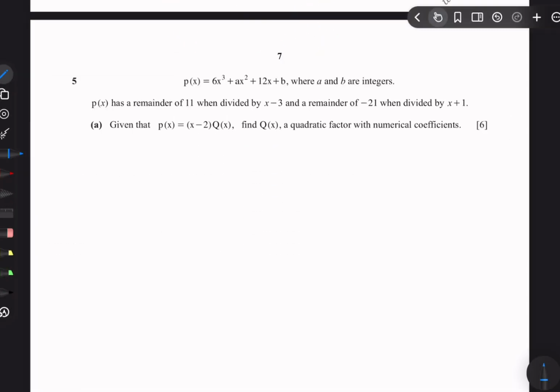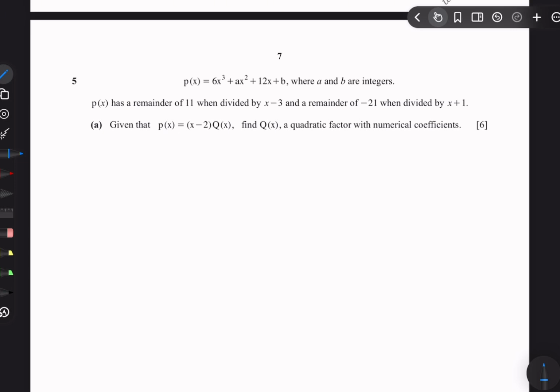Okay, question 5. We are given this equation of p(x), and p(x) has a remainder of 11 when divided by x minus 3, and a remainder of minus 21 when divided by x plus 1. Find q(x), a quadratic factor with numerical coefficients.